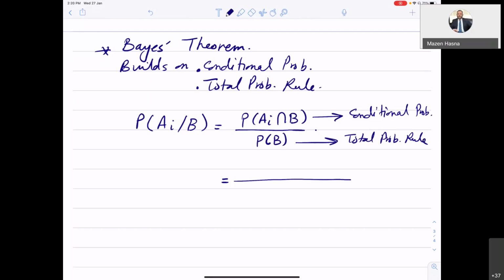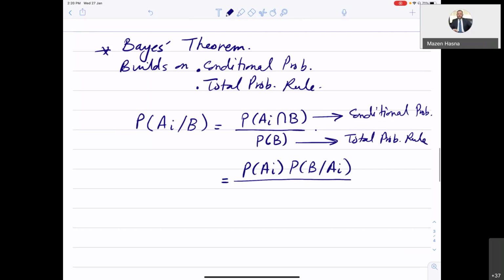Okay. So now I can write the intersection of A_i with B, the numerator, as probability of A_i times probability of B given A_i.